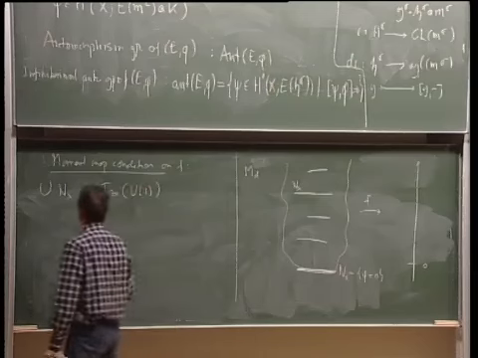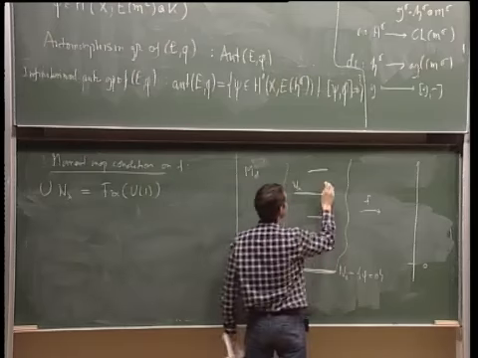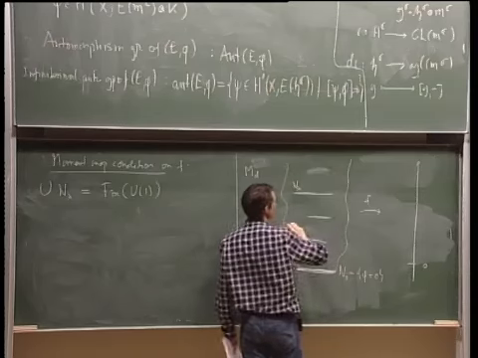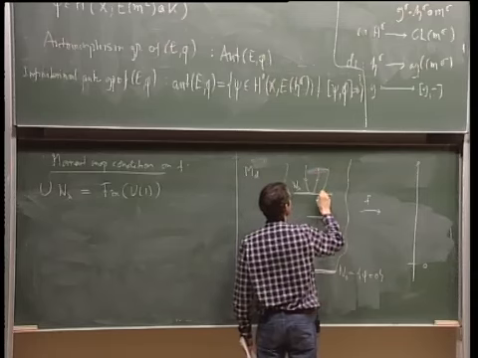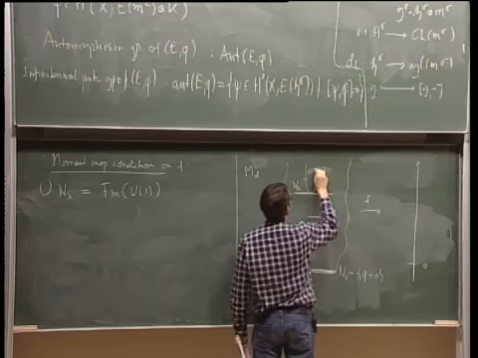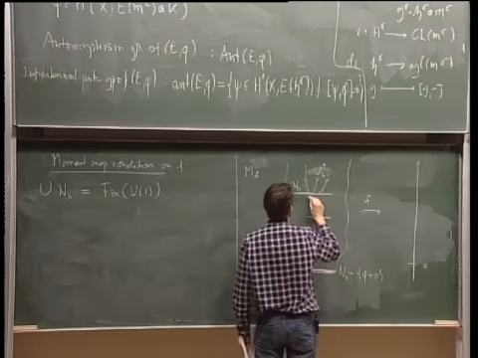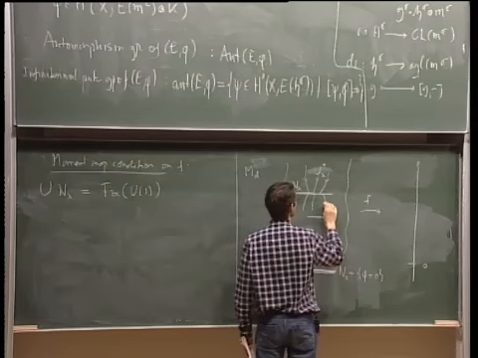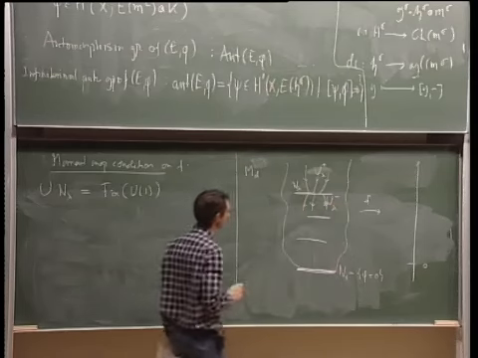Then for each critical submanifold, you can look at the unstable and stable manifolds for the gradient flow of the moment map. So you have some stuff that flows down under the negative gradient flow. Let's call that U_lambda plus, and the stuff that flows out, the unstable manifold, let's call that U_lambda minus.